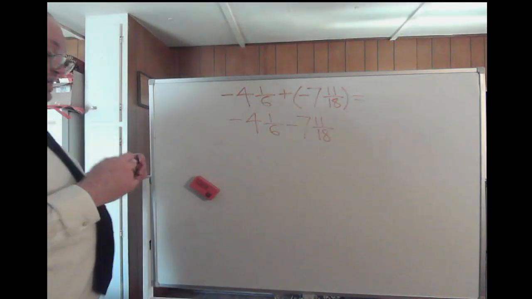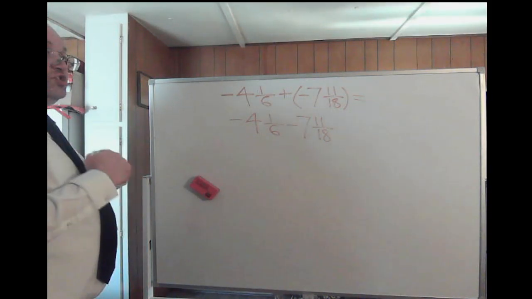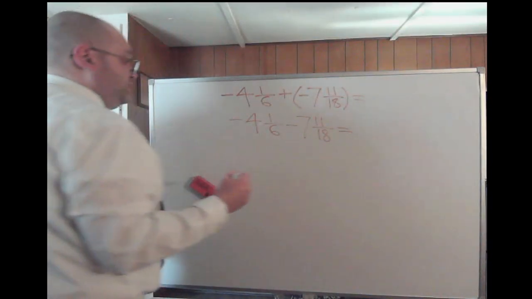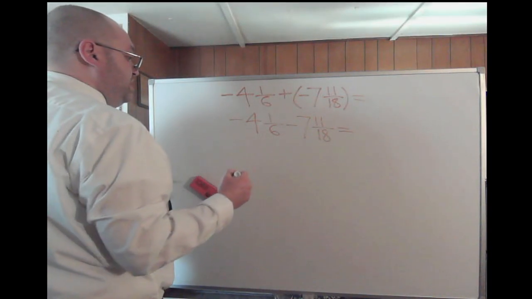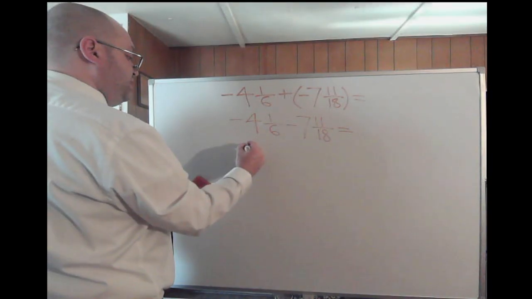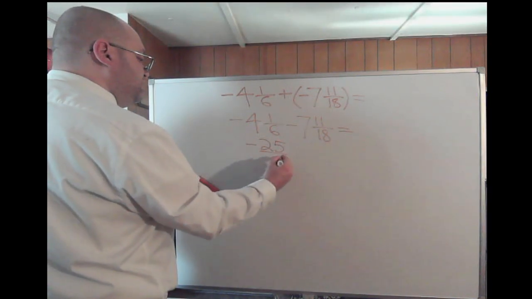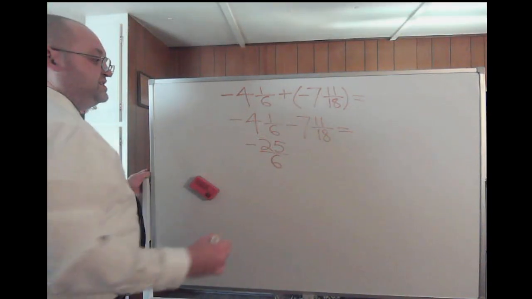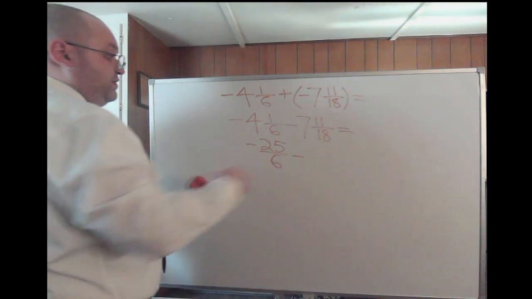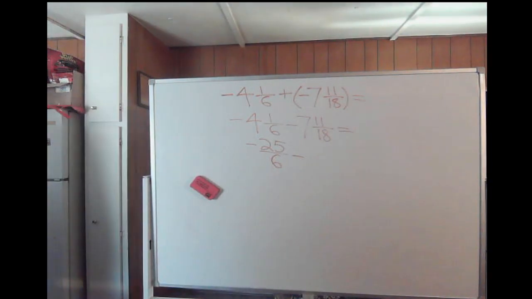So the first thing I would do, once again, is convert these into improper fractions. So 6 times 4 is 24 plus 1 is 25, so you'll have negative 25/6. You get negative 25/6 minus, now we have to convert this bad boy. Where did I set my phone for my calculator?